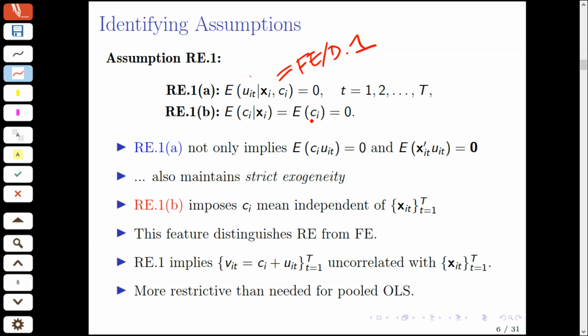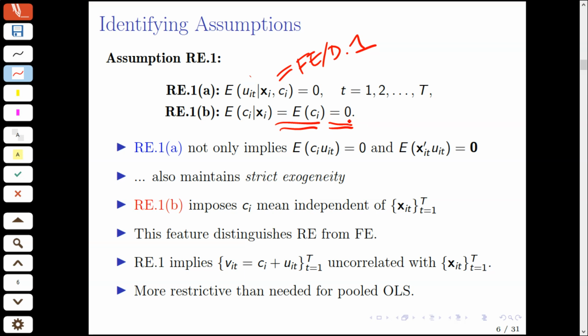That's new to us, and it may or may not be restrictive in practice, depending on the type of interpretation we give to the individual effect. Note that we're not only imposing mean independence, but in fact a zero conditional mean.